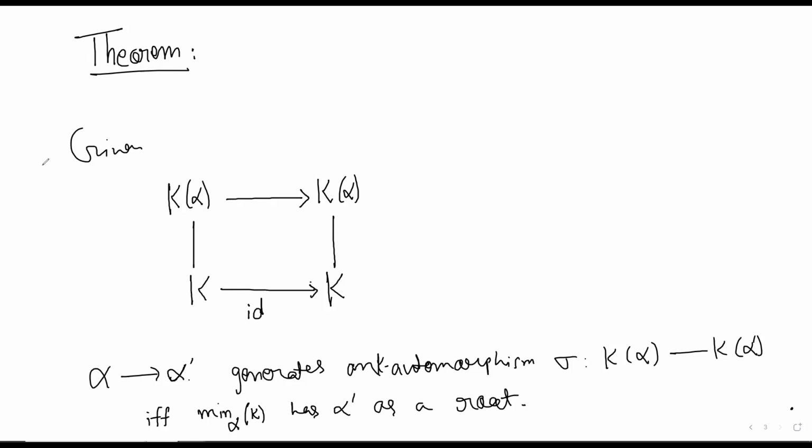Now I will write a slight generalization, and your task will be to write your proof and send me. Okay? It's not a new theorem, but now it's no longer fixing k, because fixing k will not always be enough.